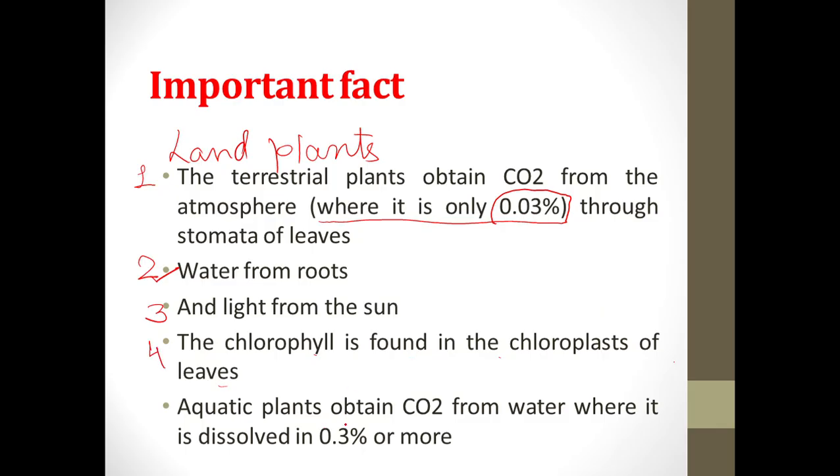Now see, this is important to know. Aquatic plants, very very important. Aquatic plants obtain CO2 from water, where it is dissolved at 0.3 percent. Here the percentage of CO2 is greater than the percentage in the atmosphere. Land plants have less CO2 available, although water plants have 0.3 percent of CO2.